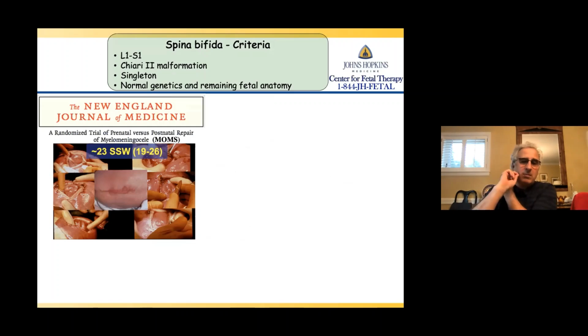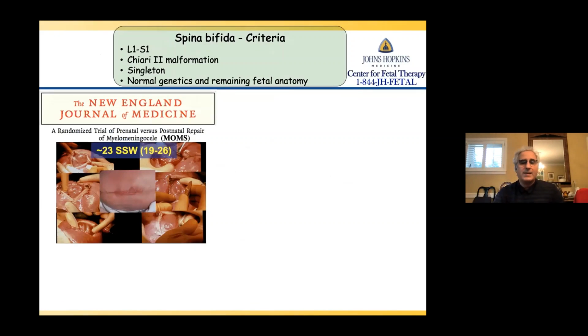That means you do a laparotomy, you incise the uterus, you bring the baby out, fix the back with a pediatric neurosurgeon, then put the baby back in, and then from then on, the mom will always need a cesarean section because you damaged the uterine muscle.